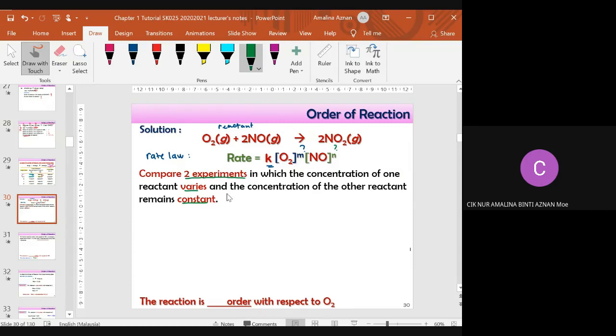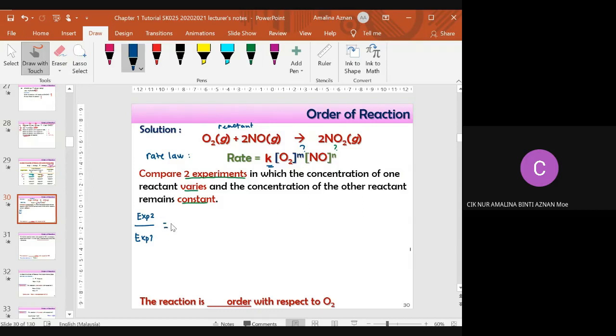Okay, so contoh kita compare eksperimen 2 dengan eksperimen 1. Okay, so cara tulis dia, eksperimen 2 kita compare dengan eksperimen 1.